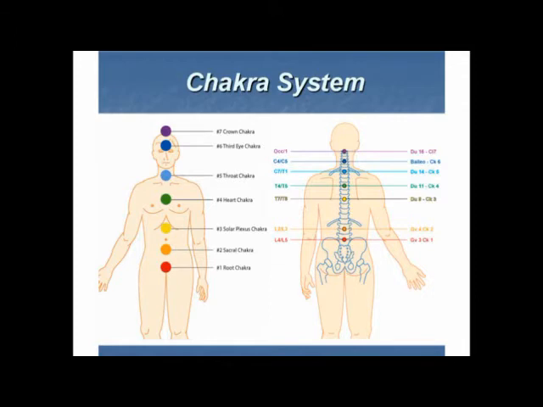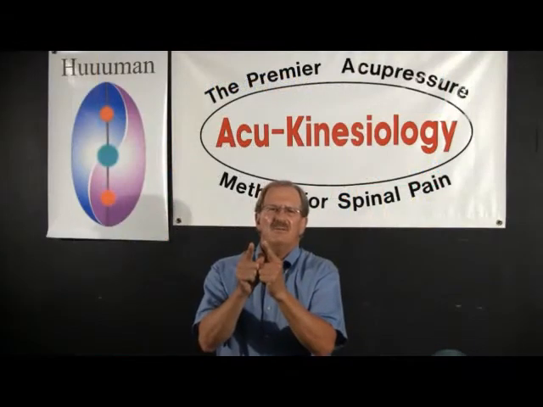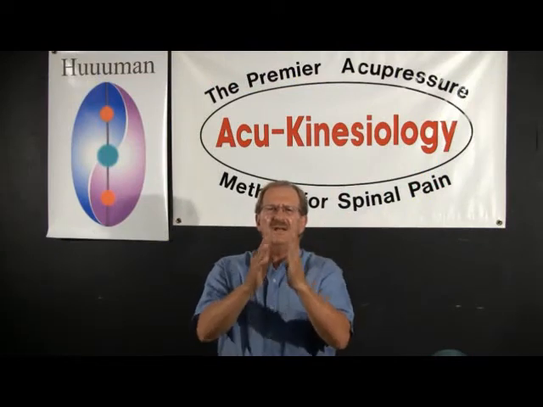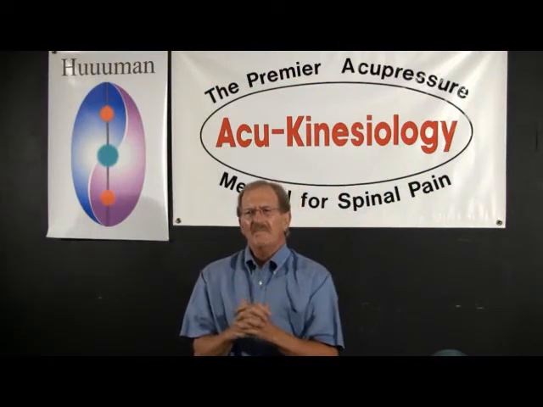You see the red is correlated to the red, the orange is correlated to the orange, the yellow is correlated to yellow, and you see what I have: chakra 1, 2, and 3, and you have all 1, 2, and 3. That is the correlation of the relationship between the anterior aspect. Remember, there are 2 aspects of the chakra, the anterior and the posterior.